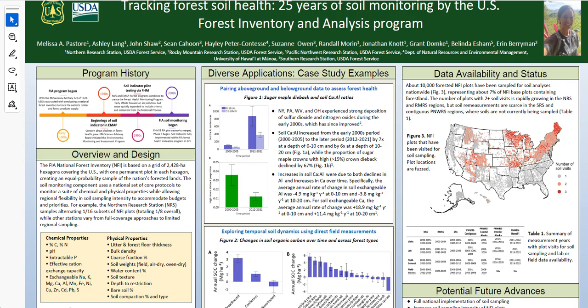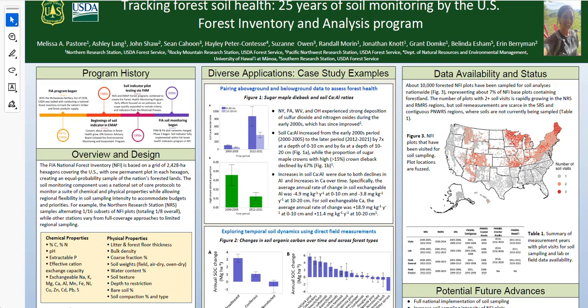So far, about 10,000 forested NFI plots have been sampled nationwide, of which about a quarter have been resampled. About 700 forested plots have been sampled in the New England region, including 86 plots in Vermont. Looking at the map, remeasurements are colored in orange and red here, so you can see that they're largely in the Northern Research Station and Rocky Mountain Research Station regions.